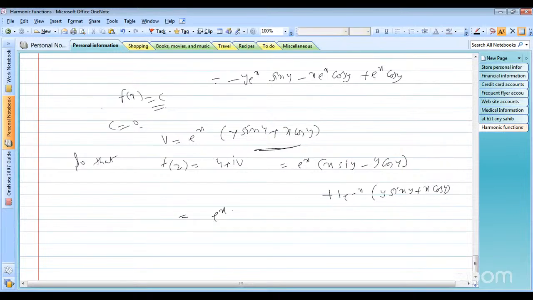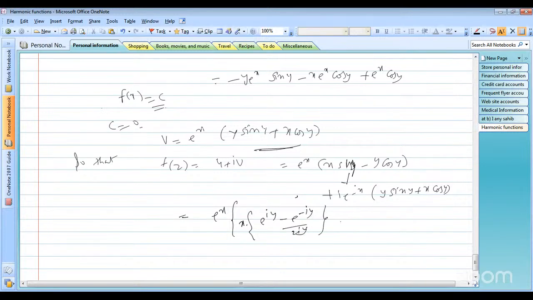e^x, I'm taking the common here. x is sin y here. So therefore, x into, simplifying here, (e^(iy) minus e^(-iy))/2i is sin y, in the hyperbolic formula we are writing here.